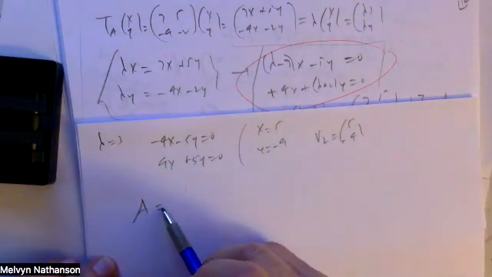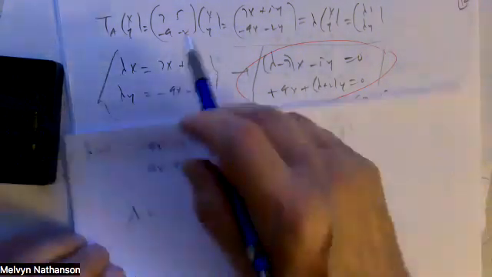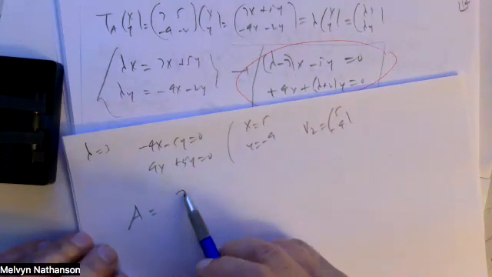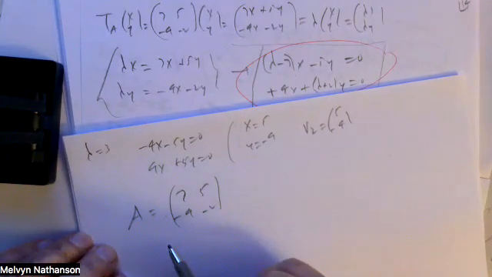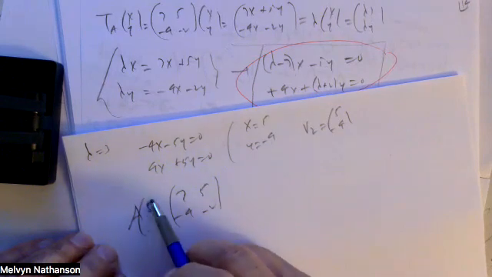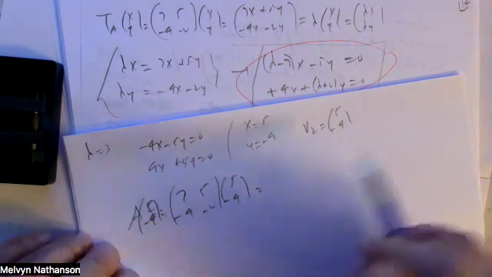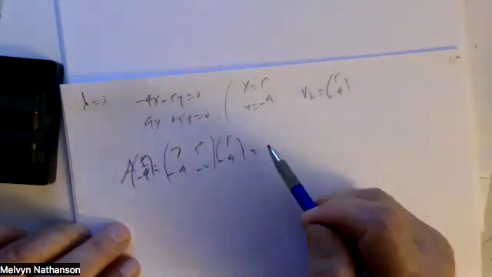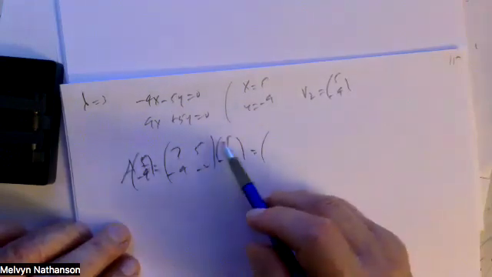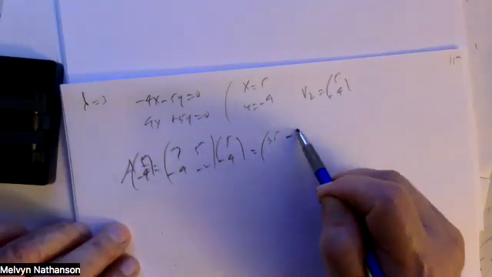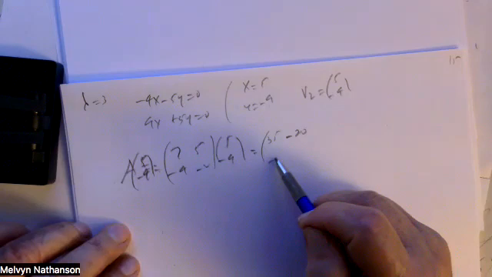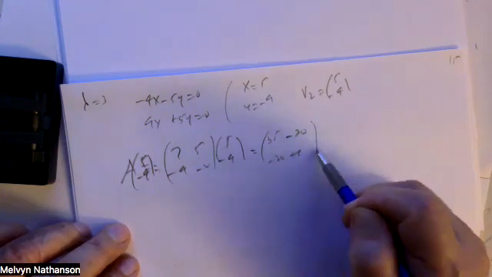My matrix A, again, is 7, 5, minus 4, minus 2. If I apply that to the vector 5, minus 4, let me do the arithmetic and see what I get. This is 35 minus 20. This is minus 20 plus 8.